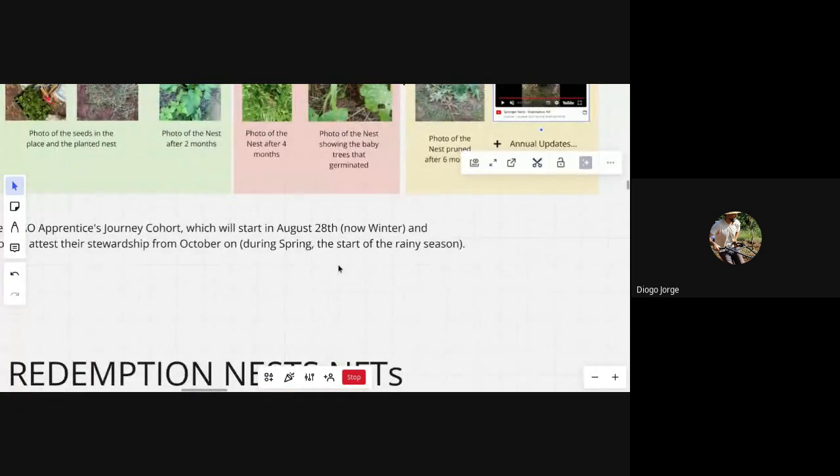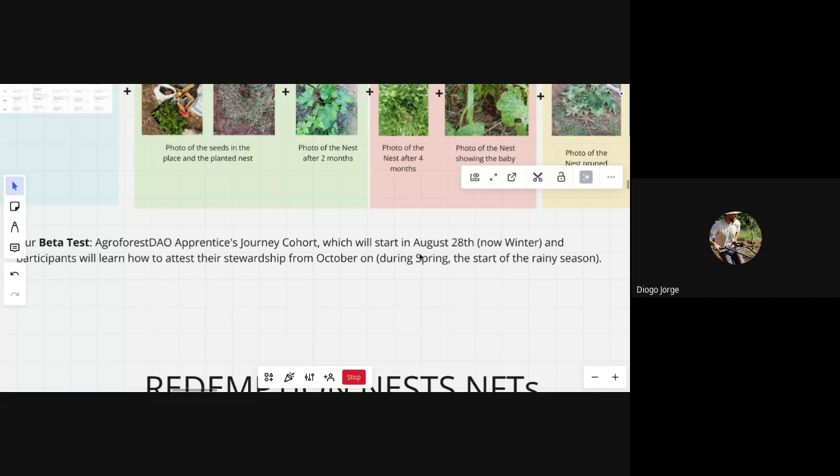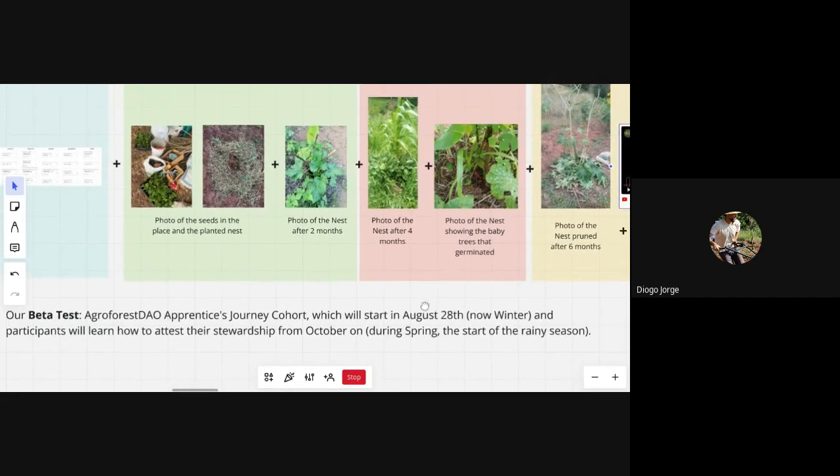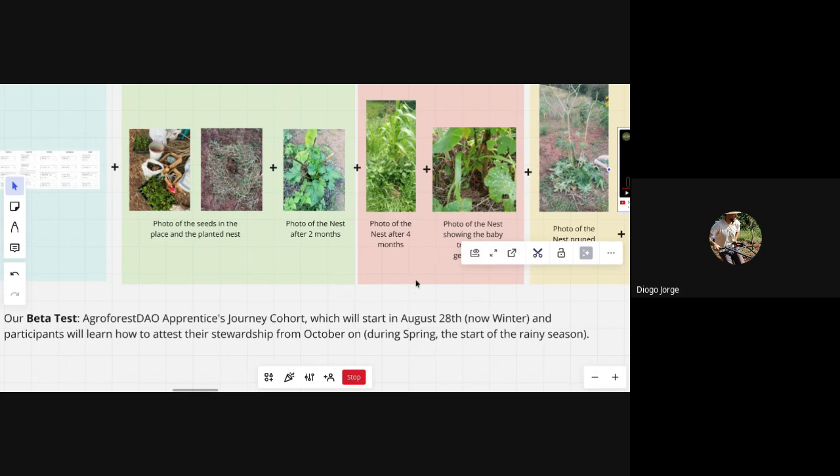So we are going to have a cohort starting late this month where people will be sharing their nests and all this process.